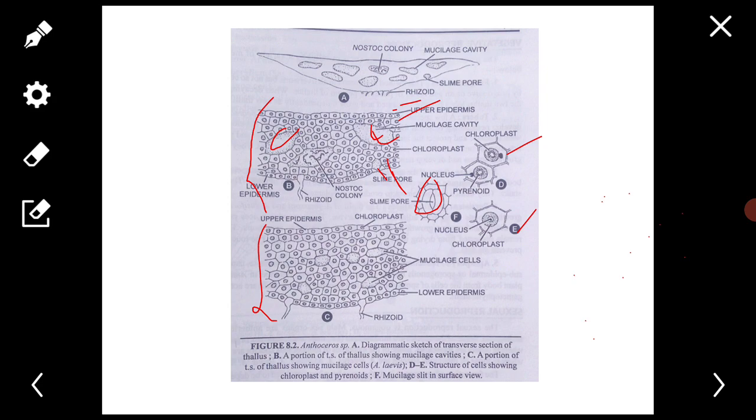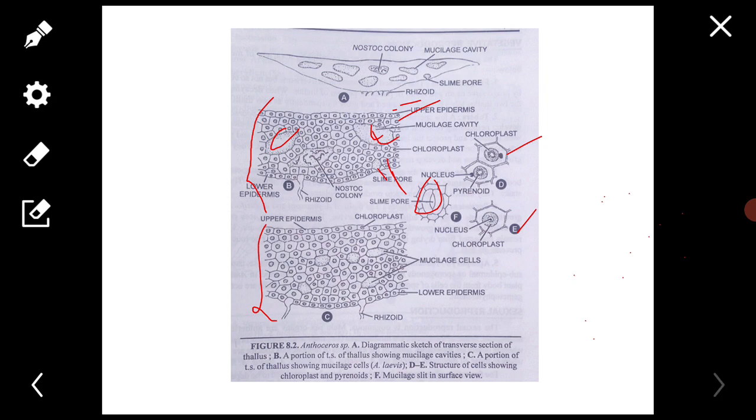The presence of pyrenoid in Anthoceros tends to speculate its algal ancestry.